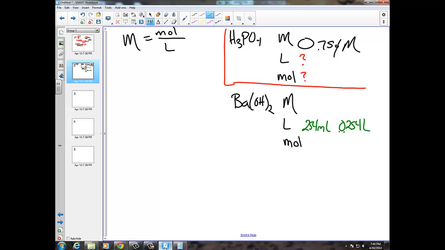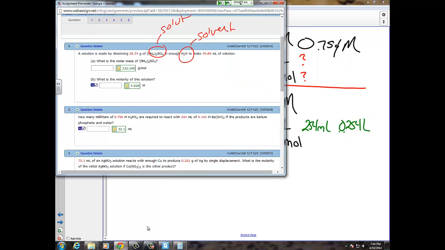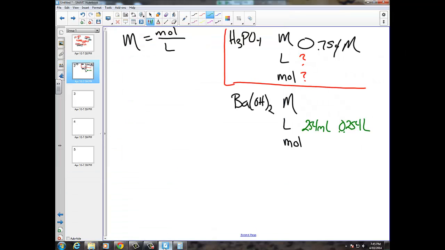And I know it's a 0.142 molar solution, so that's the concentration. So the only thing I don't know here is the number of moles, okay? Well, that I can do, because I am only missing 1 unknown.